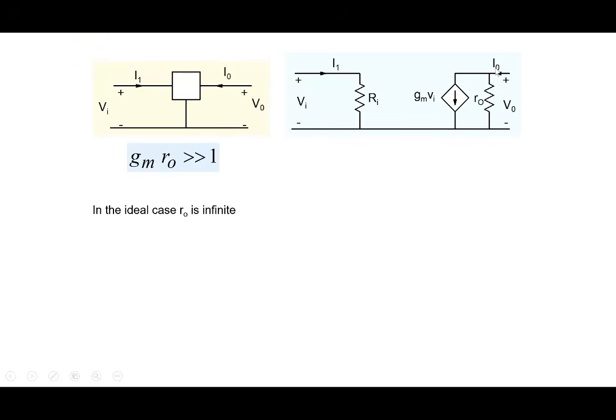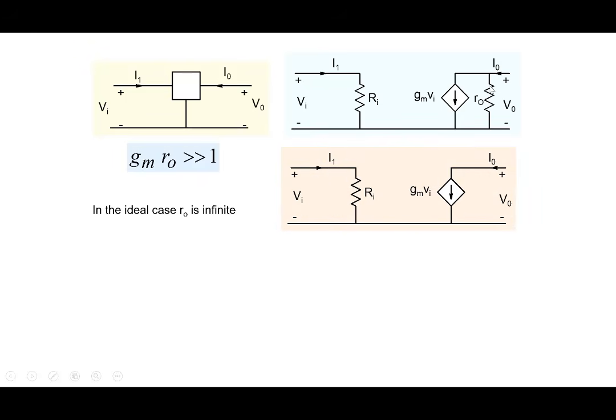In that case, I0 has no sensitivity to V0, but I0 of course has significant sensitivity to Vi. So an ideal transistor would be a device with R0 equal to infinity. So let's build that ideal transistor and remove R0 here.